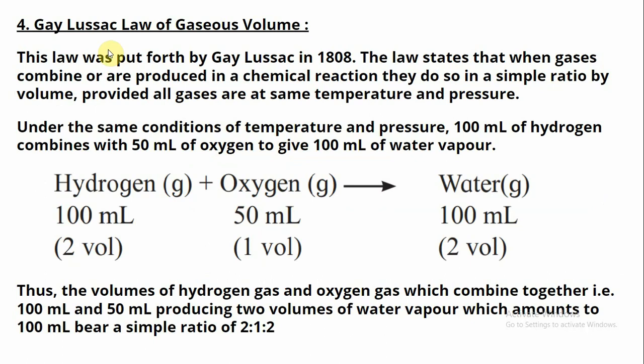Here the fourth important law is Gay-Lussac's law of gaseous volumes. This law was put forth by Gay-Lussac in 1808. The law states that when gases combine or are produced in a chemical reaction, they do so in a simple ratio by volume, provided all gases are at the same temperature and pressure.